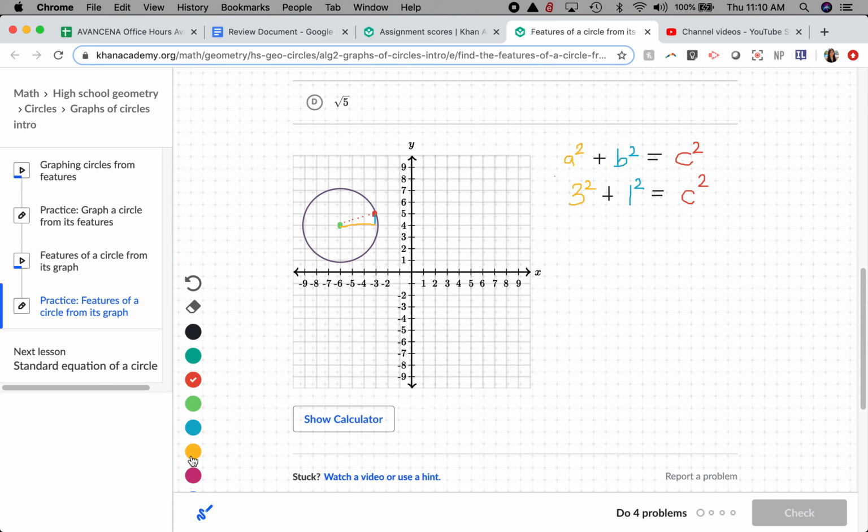So let's go ahead and simplify. 3 squared is the same as 3 times 3, which is going to be 9, plus 1 squared is the same as 1 times 1, which is going to be 1, equals c squared. Now 9 plus 1, we can simplify to 10. So c squared is equal to 10.